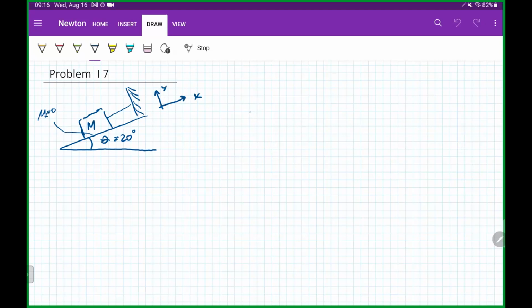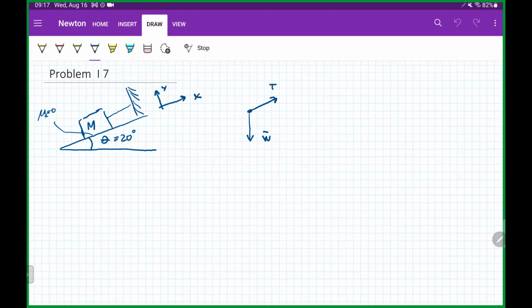So let's say we have the block here. The first force that comes to our mind is the weight, right? Because the block has mass. Then the other obvious force there is the tension that the rope is exerting.